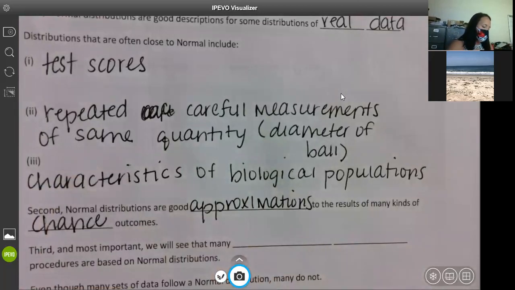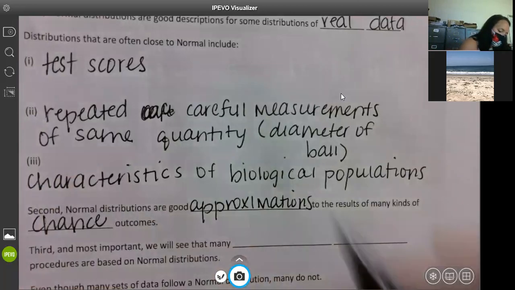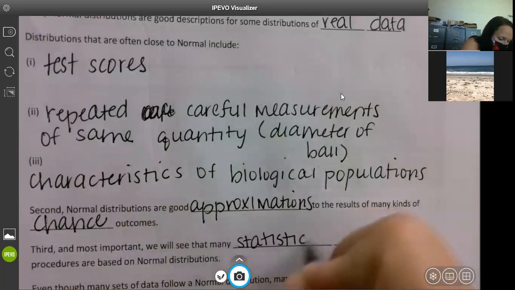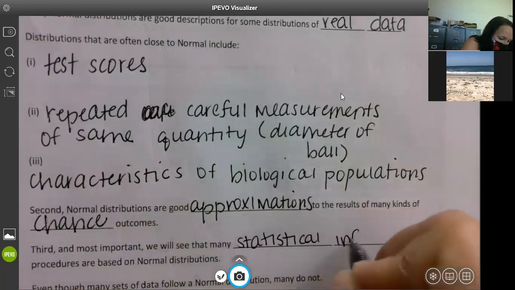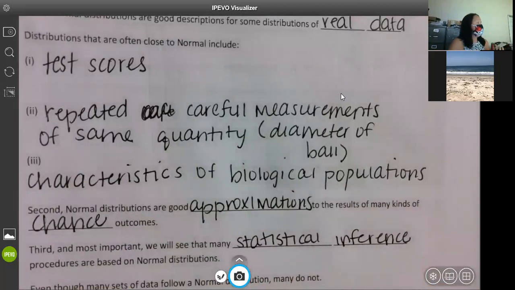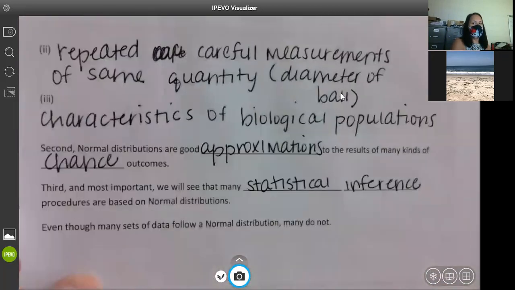And third, and most important, we will see that many statistical inference procedures are based on normal distributions, which is what we'll do. Even though many sets of data follow a normal distribution, many do not. If they don't, we figure out how to fix it, okay? All right, we good?